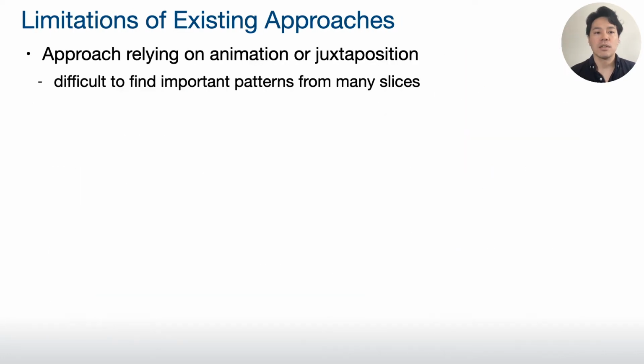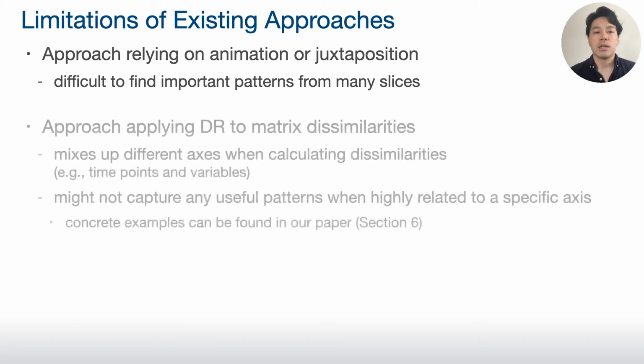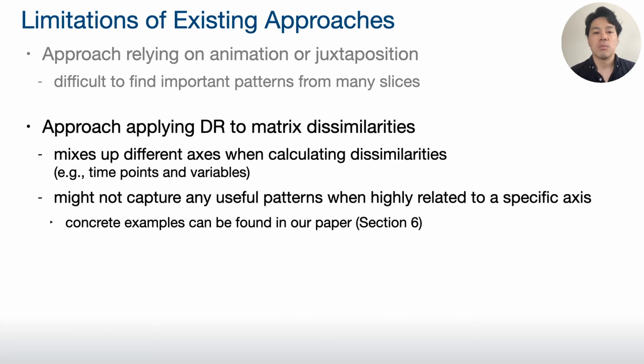However, these existing approaches have several limitations. When there are many slices and we use animation or juxtaposition, it is difficult to find important patterns such as similar temporal patterns and outliers. Applying dimensionality reduction to dissimilarities of matrices does not have this problem.